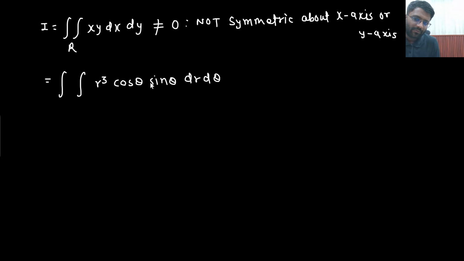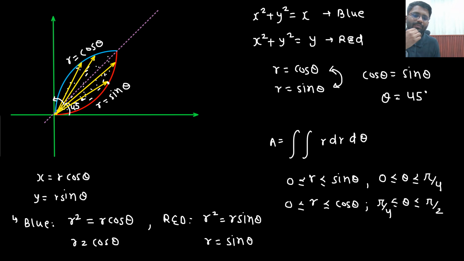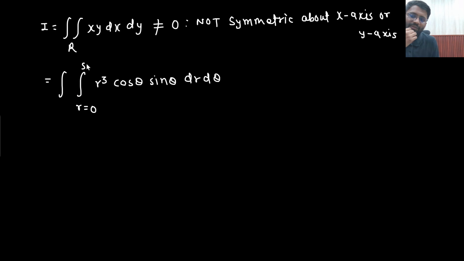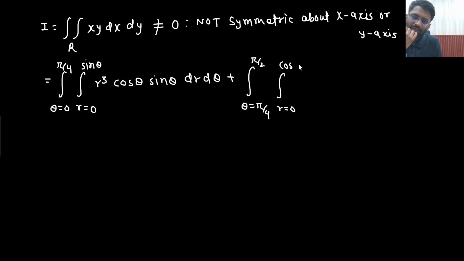So from here one r will come, from here one r will come, from here one r will come, it will become r cube. r is going from 0 to sin theta with theta going from 0 to pi by 4, and theta going from pi by 4 to pi by 2 with r going from 0 to cos theta. r cube cos theta sin theta dr d theta.